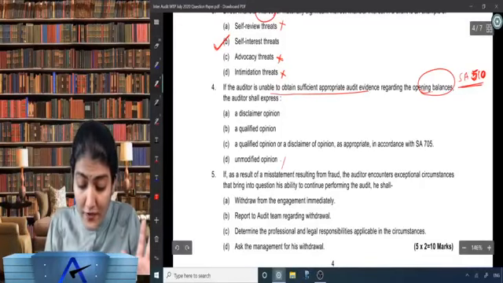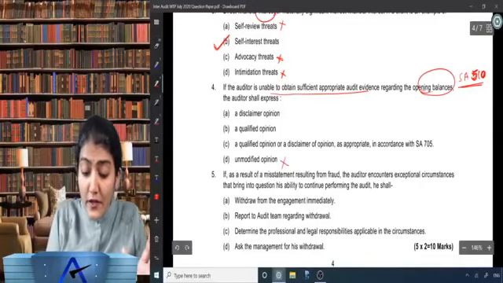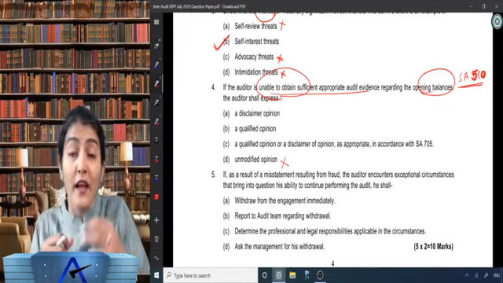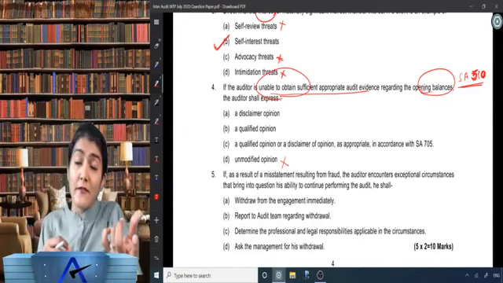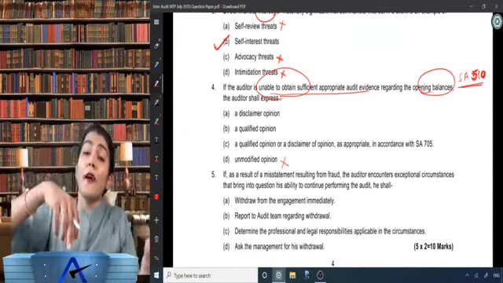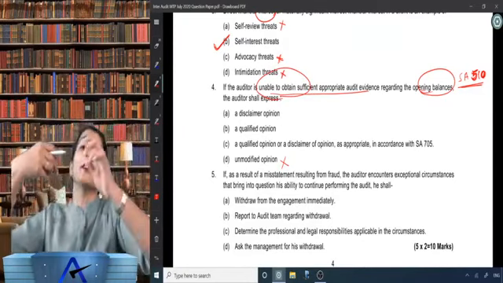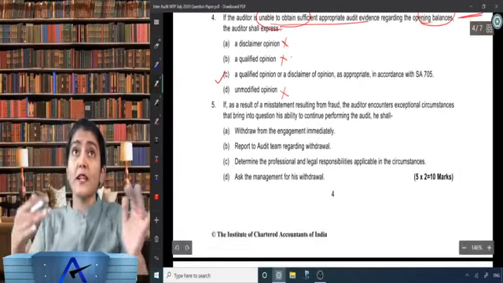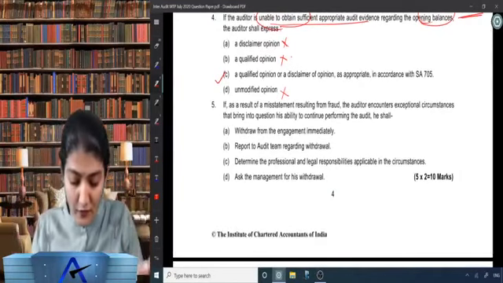Now unmodified is not possible, because you are unable to obtain the evidence regarding the opening balances. So as per SA 705, depending upon the pervasiveness, you may either issue a qualified opinion or a disclaimer of opinion. It could be qualified or it could be disclaimer, as appropriate in accordance with SA 705.